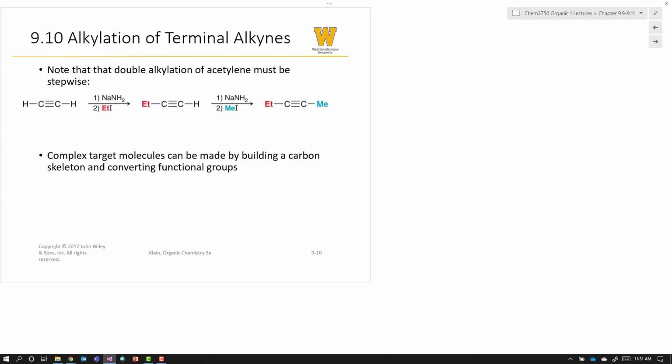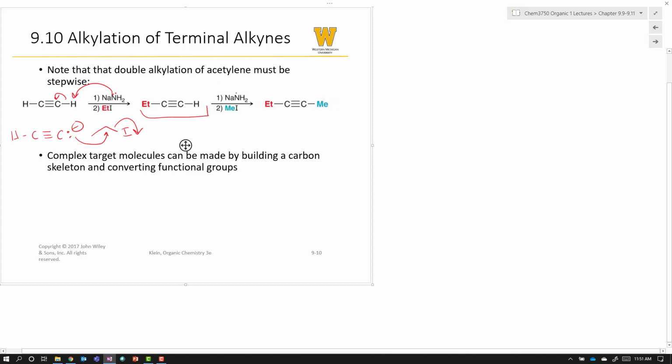So this is just reiterating that same thing, but showing an actual example. So it's a double alkylation of the acetylene, and it must be stepwise. In this case, you see that they have an ethyl iodide. So once they formed their alkynide ion, so they deprotonated this, this can then attack at that carbon in an SN2 reaction and pop off that leaving group, the iodine, and forms the first product.